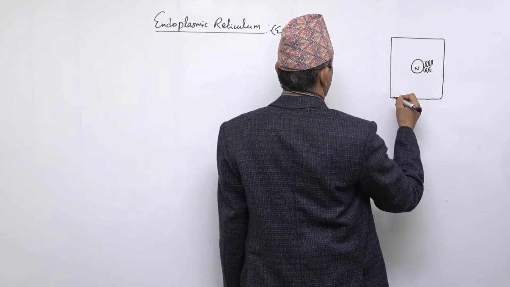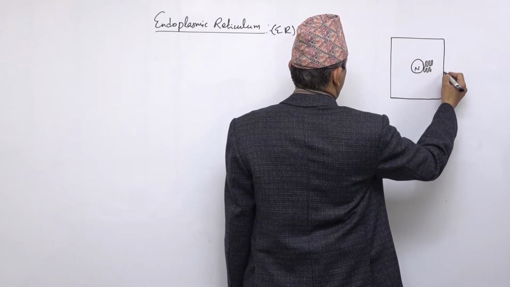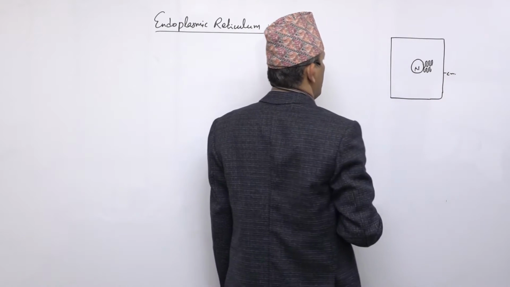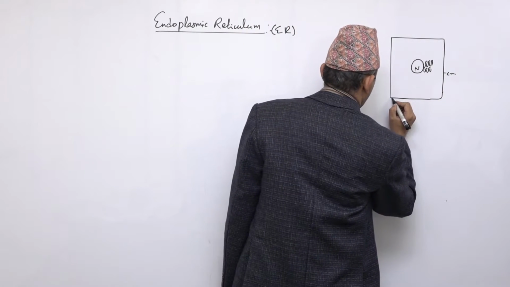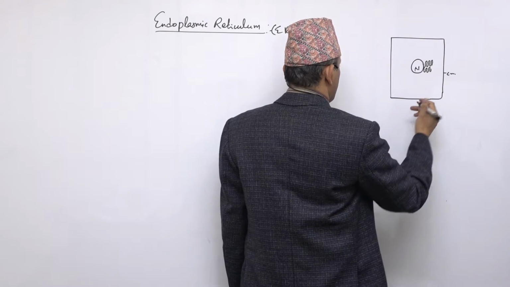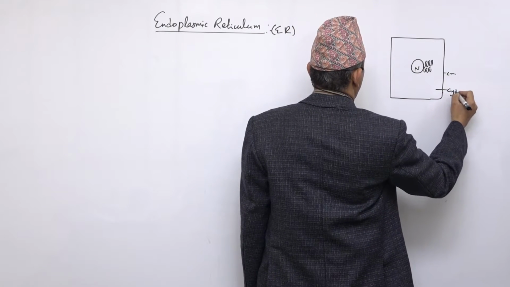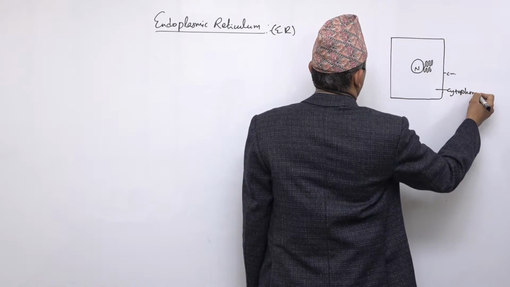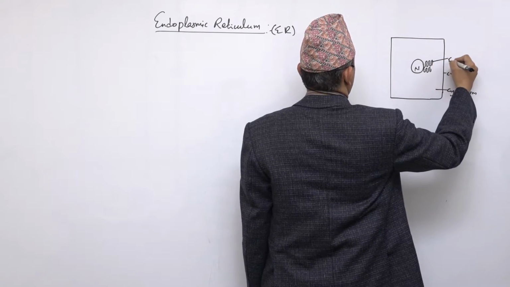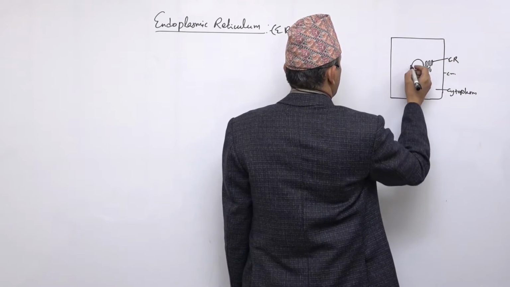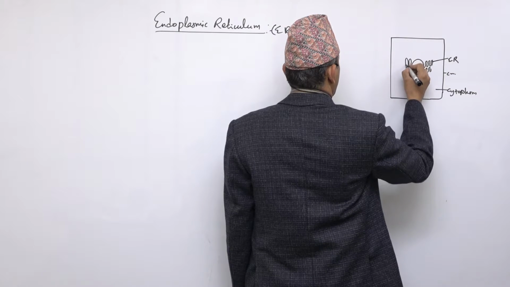This is called endoplasmic reticulum. Let's say this is cell membrane. Cell membrane lies here, associated with cell wall also. Let's say this is cytoplasm. This is endoplasmic reticulum. So you can draw the structure here also.